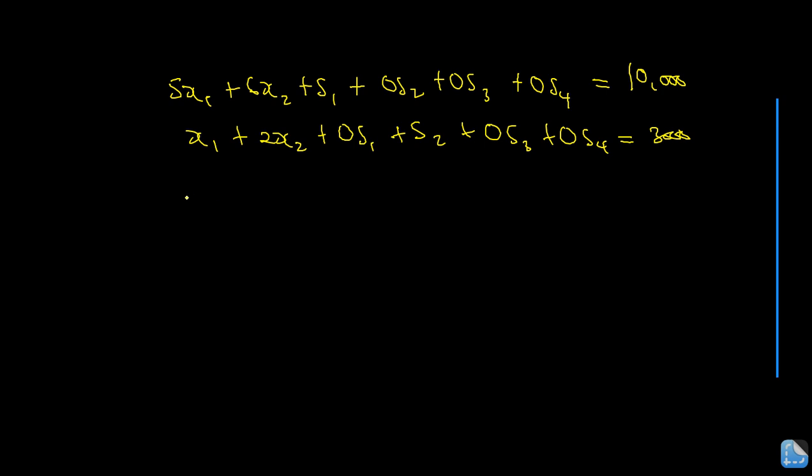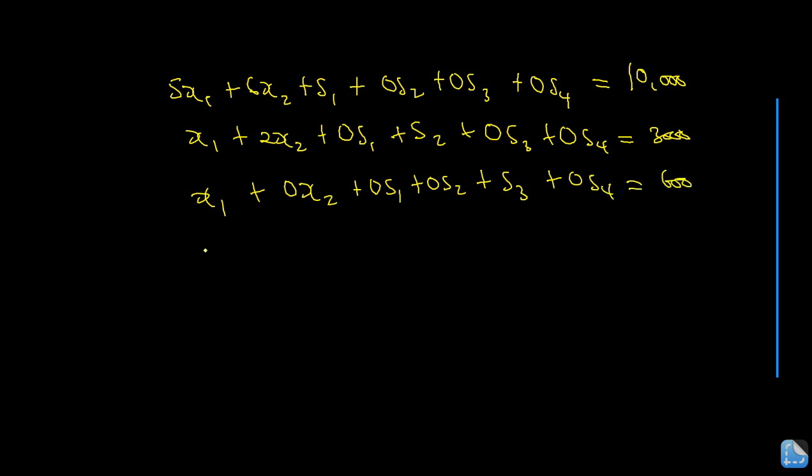And then we had an x1 plus, we have no x2, so it will be 0 x2 plus 0 s1 plus 0 s2 plus s3 plus 0 s4 is equal to 600.